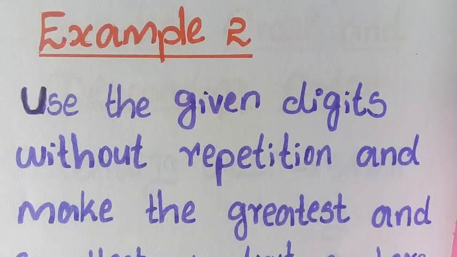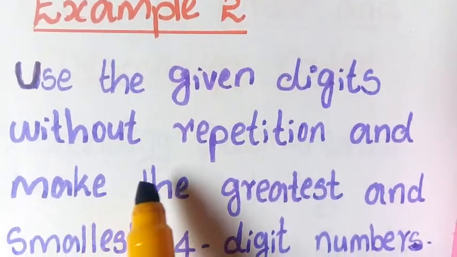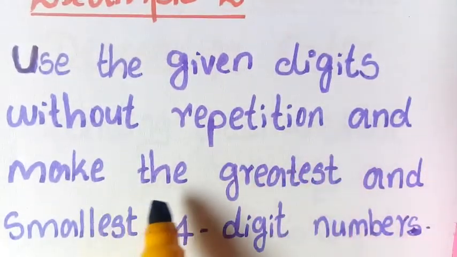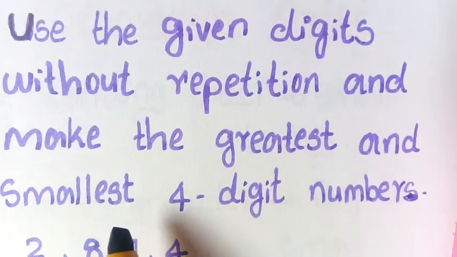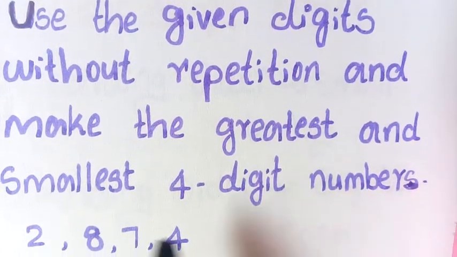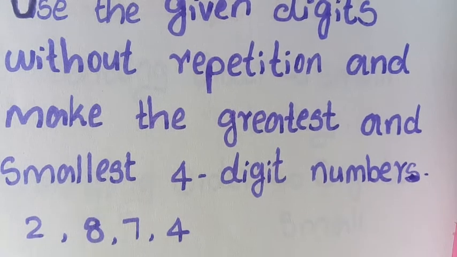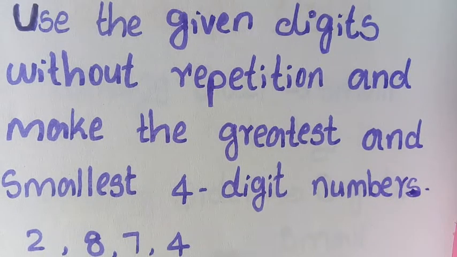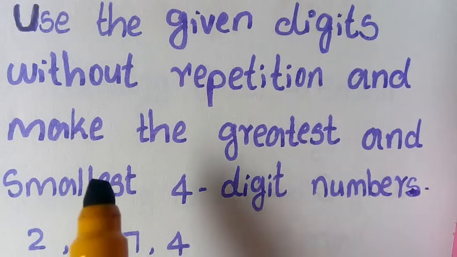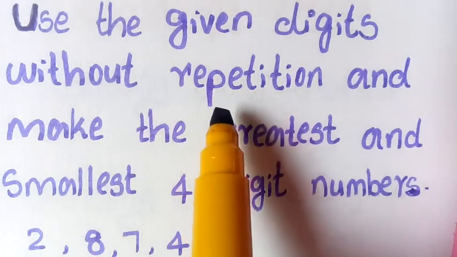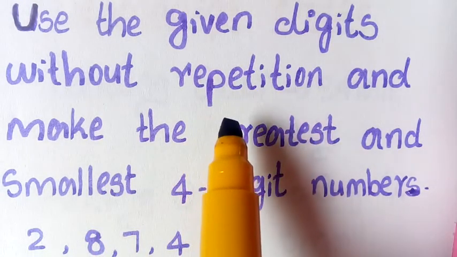Example 2. Use the given digits without repetition and make the greatest and smallest 4-digit numbers. The digits are 2, 8, 7 and 4. Children, do you understand the meaning of the question? In the question, it is clearly mentioned that we can't repeat digits.